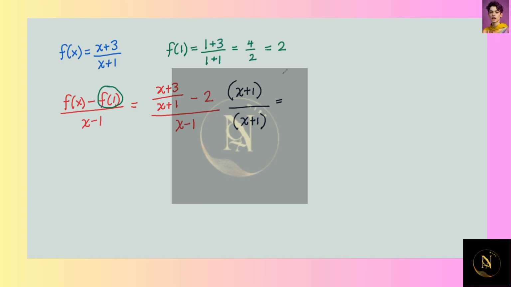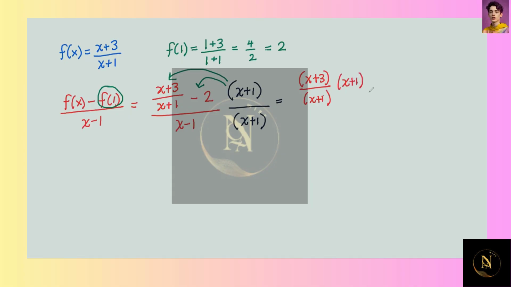All right, excellent. So when we do that, we are going to basically distribute the x plus 1 to the fraction as well as to the minus 2. So let's go ahead and distribute it first to the fraction. That gives us (x plus 3) over (x plus 1) times (x plus 1).